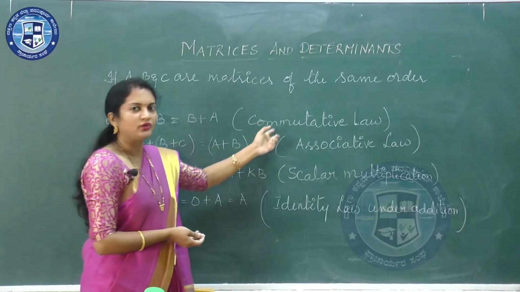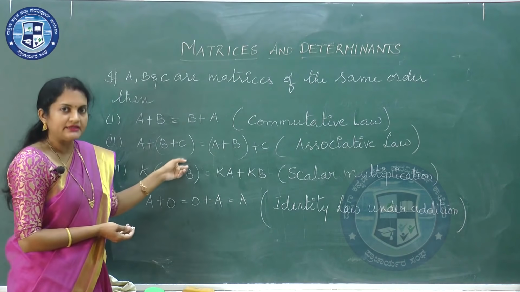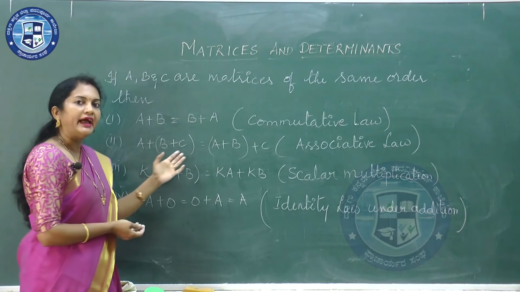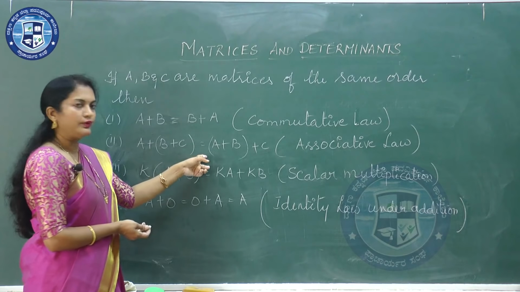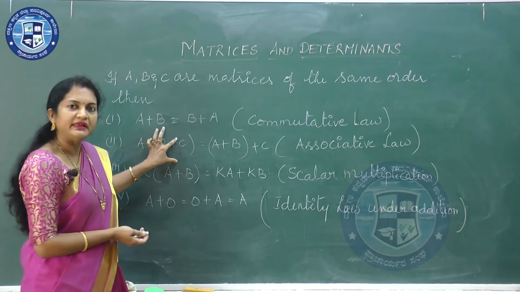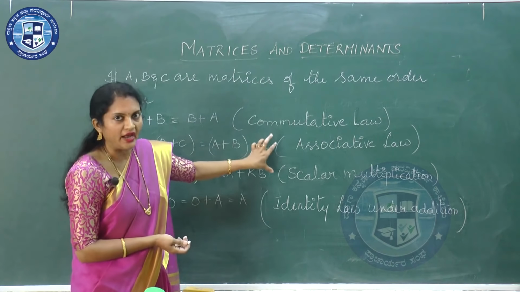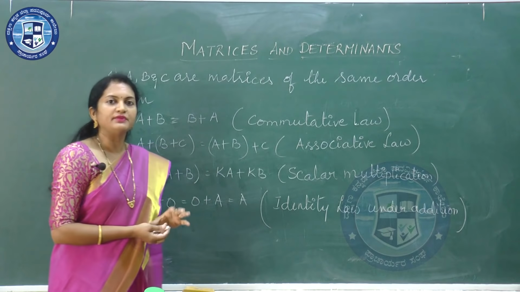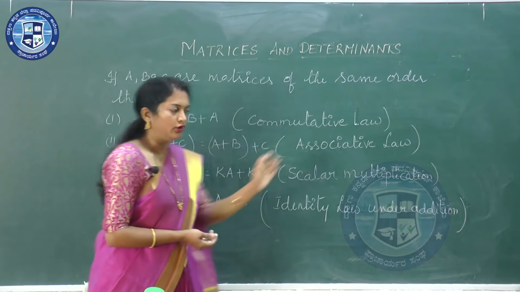This is called commutative law. Now if three matrices are taken, they can be added in any order. A plus B plus C is equal to A plus B plus C. You can add B plus C, then you add A, or you can add A plus B, then you add C. You will be getting the same resulting matrix. So this is called associative law.